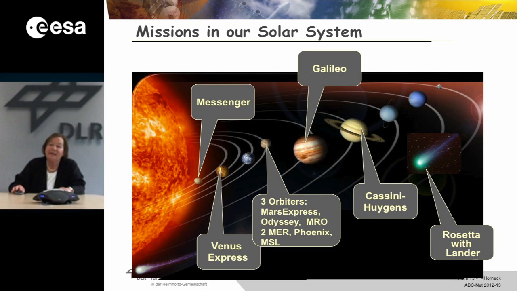And then we have Rosetta with a lander that goes to a comet, Churyumov-Gerasimenko, and that will land, I think, in 2014. So there's a lot going on in our solar system, where we want to investigate whether these planets are habitable or provide preconditions for life.